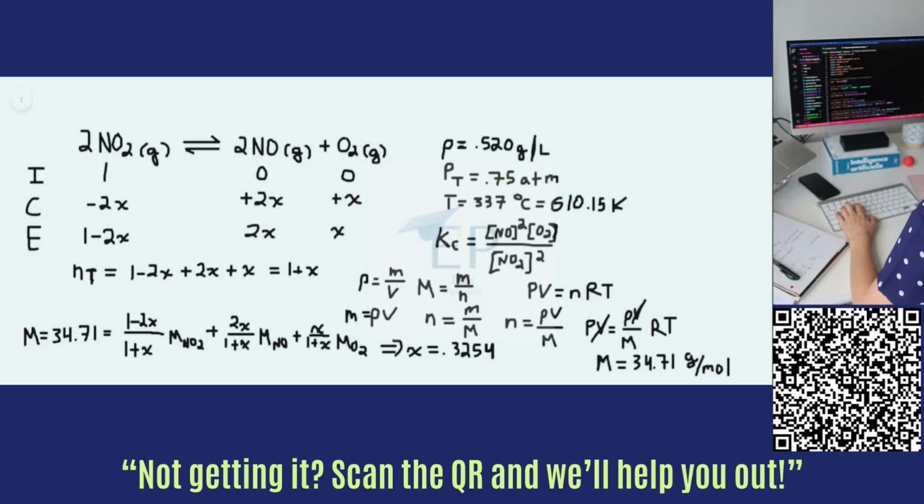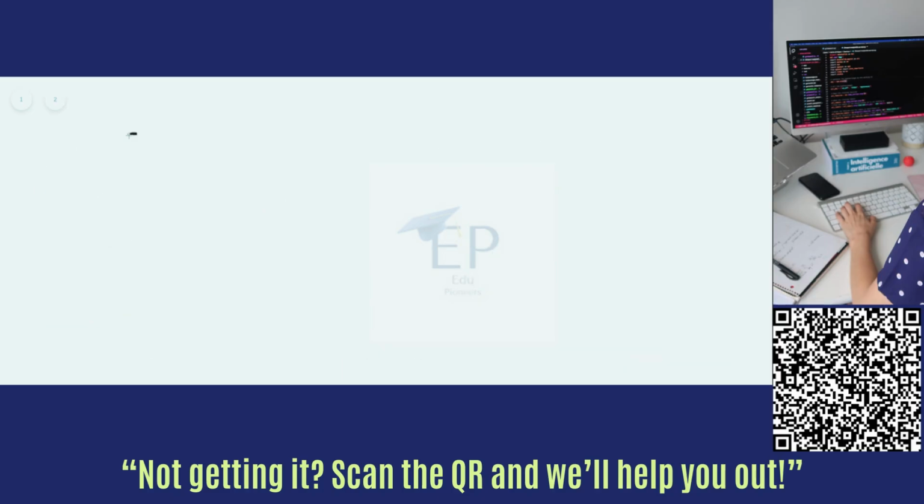Great. And so this is what we can plug back into here to find the number of moles of each compound. I'm going to real quickly rewrite this equation on a new page because we're running out of space here. 2NO2 gas in equilibrium with 2NO gas and O2 gas.